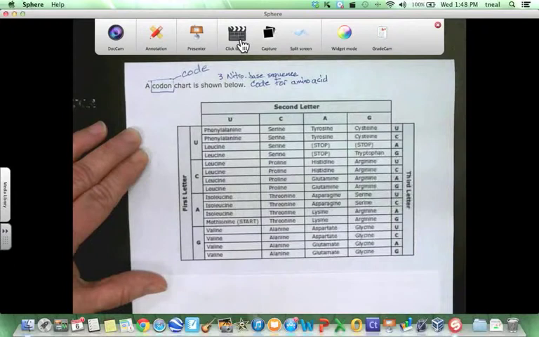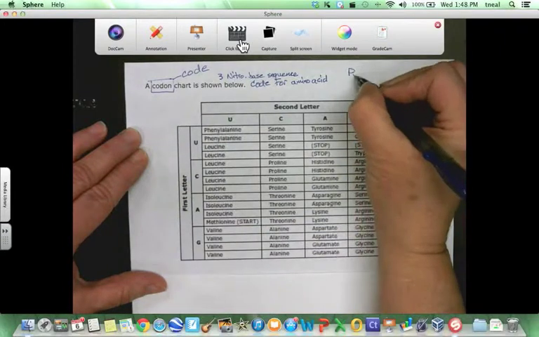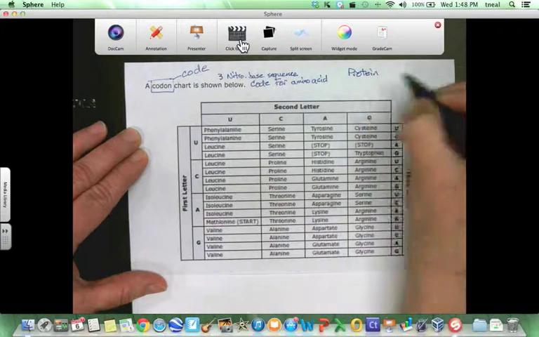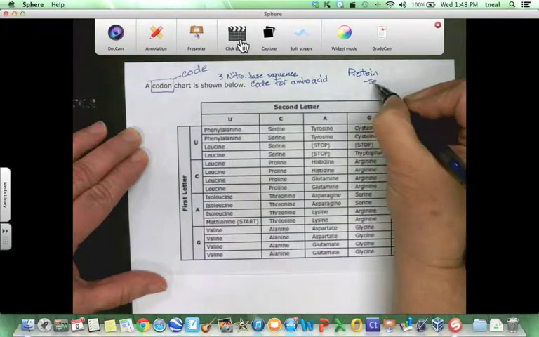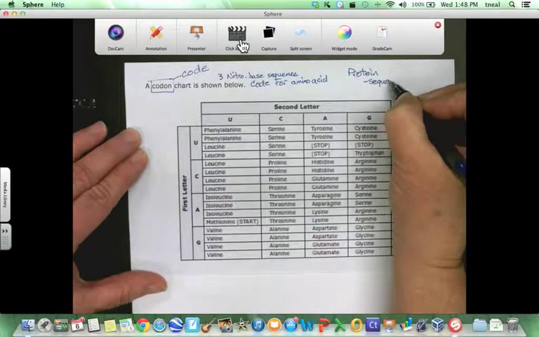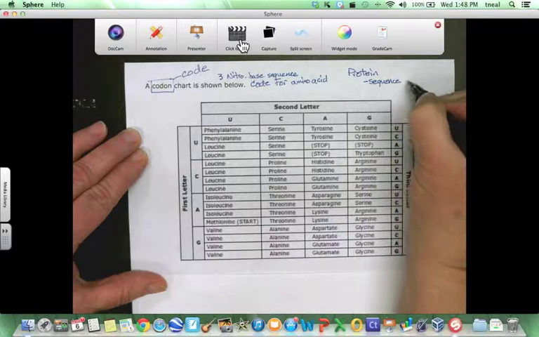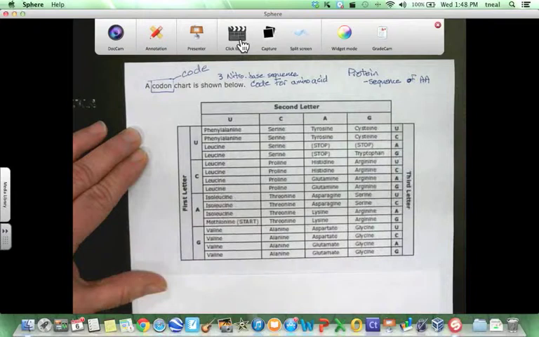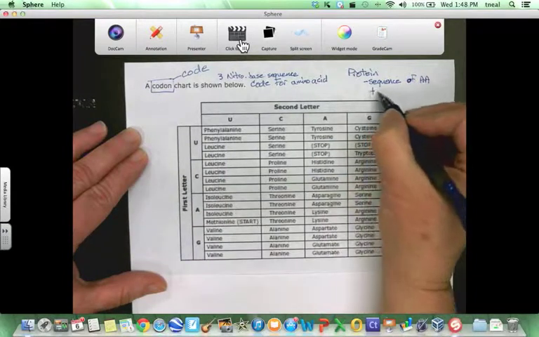Now, amino acids, you may recall that amino acids make proteins. And for a protein, it is the sequence of the amino acid, I'm just going to do AA, that determines the type of protein it is.